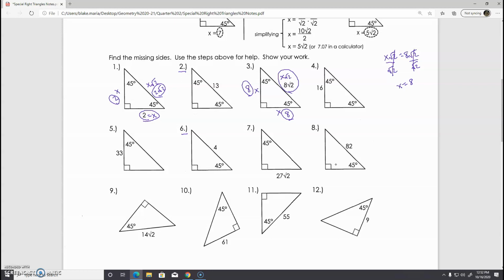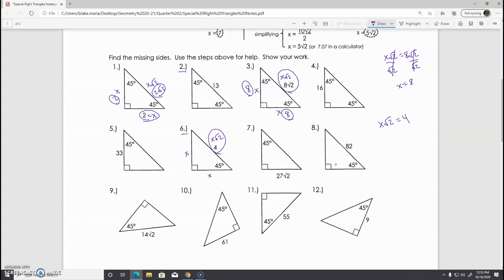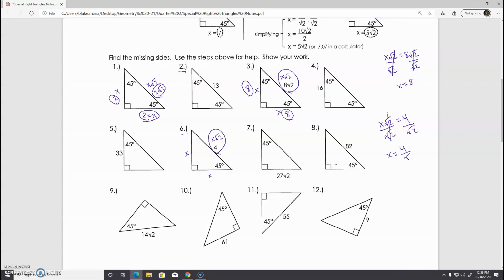So here, X, X, X root 2. So here's your formula, here's your equation. X root 2 equals 4. Divide both sides by the square root of 2, because again we want to get X alone. And so here we have X equals 4 over the square root of 2. And again, remember you can't have a square root in the denominator, so we're going to multiply top and bottom by the square root of 2.